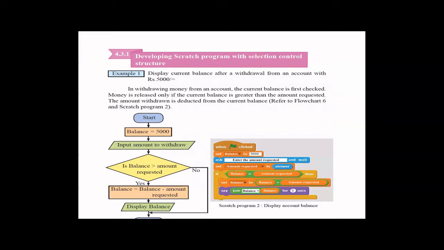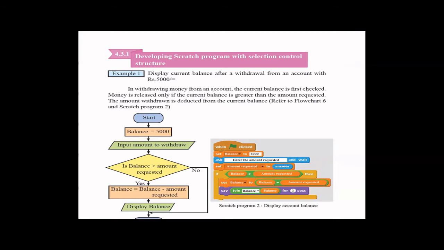So now we are going to do a development in Scratch programming. First of all, let me explain the concept for you. It will be very easy to understand. Here they want to display the current balance of a bank account after you withdraw money.